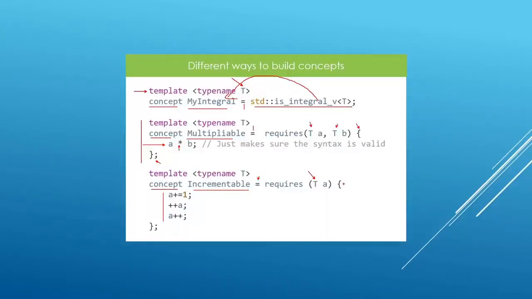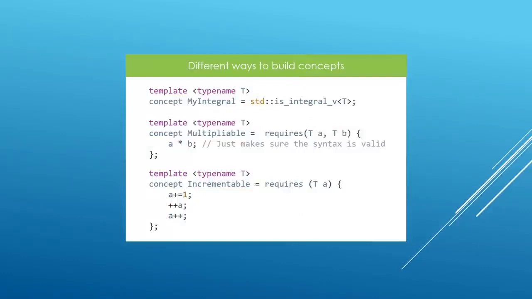So you must be able to take the value and, for example, say i plus equals 1. This is going to be valid syntax. You're going to say plus plus a and plus plus b. All these are going to be valid C++ syntaxes for the template parameter that you try to call this function template with. And if this doesn't work, you're going to get a compiler error because your template argument isn't really satisfying this concept. So this is really how you can set up your own concepts in C++.